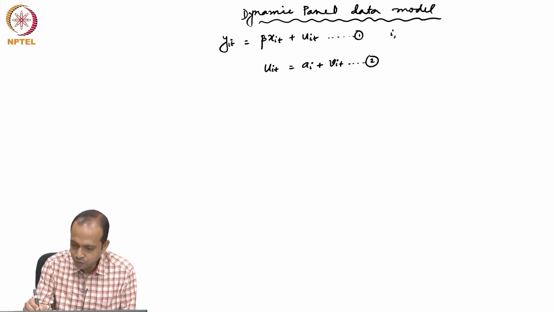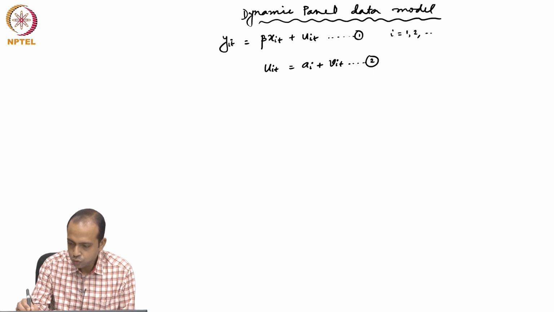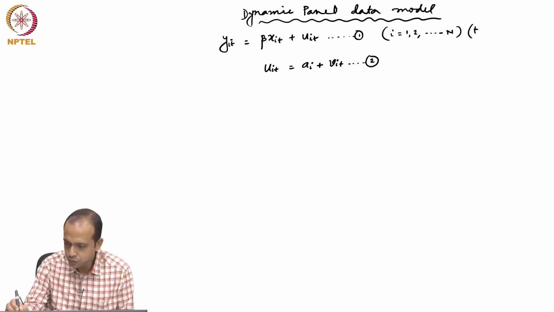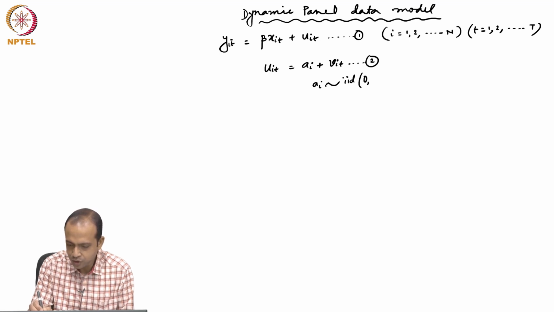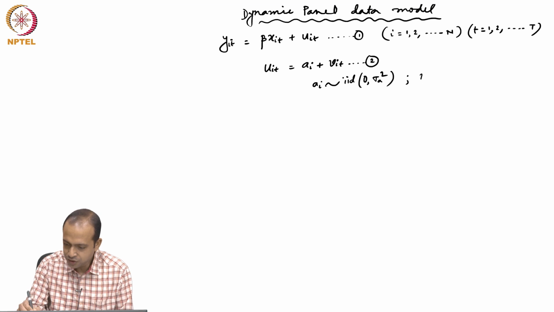Here i runs from 1 to n and t runs from 1 to capital T. We assume that a_i follows IID with 0 mean and sigma squared a variance, and similarly v_it also follows IID with 0 mean and sigma squared v.